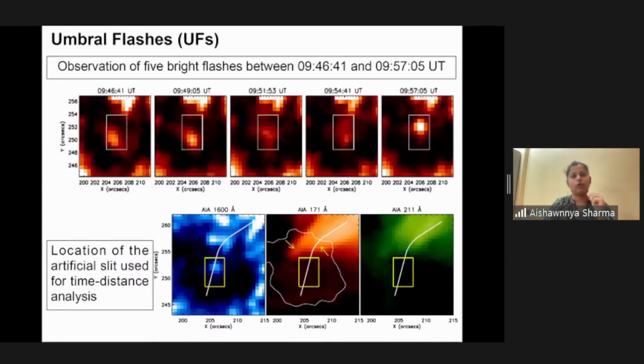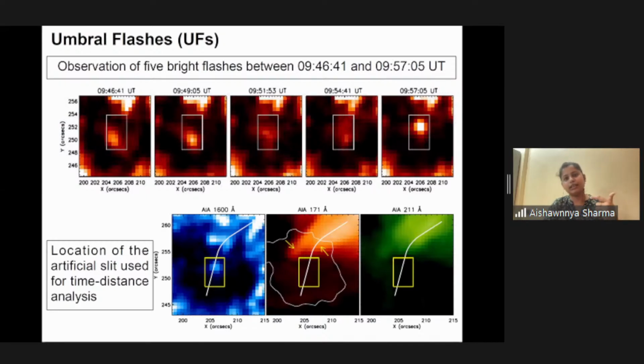Okay. So as I have said, in this study, I'm going to study the sunspot waves and oscillations. One is those umbral flashes, which I am showing in the upper panel. These brightenings happening, you see, there are a few brightenings happening in the sunspot umbra. These are called umbral flash oscillations, and they have a periodicity of 2 to 3 minutes.